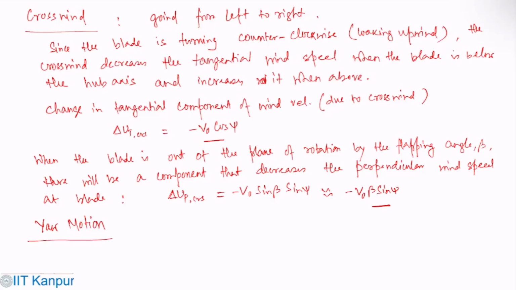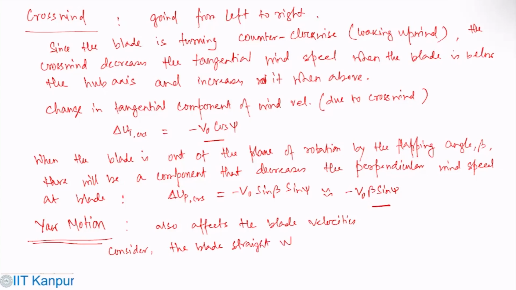Now we consider the yaw motion. So this also affects the blade velocities, I mean, apart from the gyroscopic moments and etc. Let's consider the blade straight up and yaw rate of q.